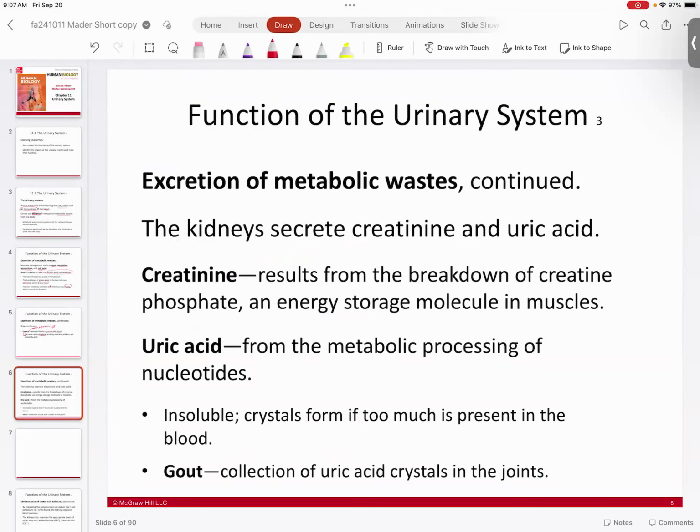So when you take a look at some of the other metabolic waste, for instance creatinine, this one is typically coming from creatine phosphate. It's an energy storage molecule. It's actually anaerobic in nature, so you'll burn creatine phosphate anaerobically in your body.